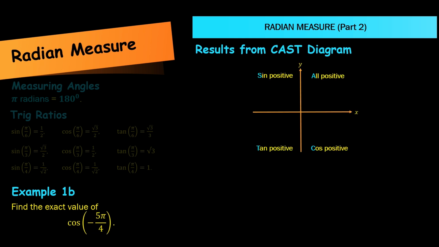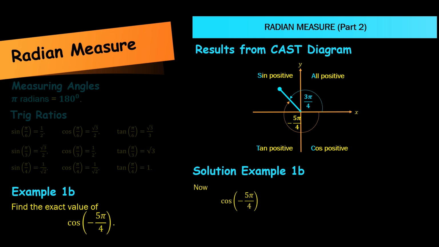Now let's take a look at part B. We are required to find the exact value of cos of minus 5 pi by 4. So let's solve this. On the CAST diagram, you can see the angle minus 5 pi by 4. This is going in a clockwise direction from the positive x-axis.